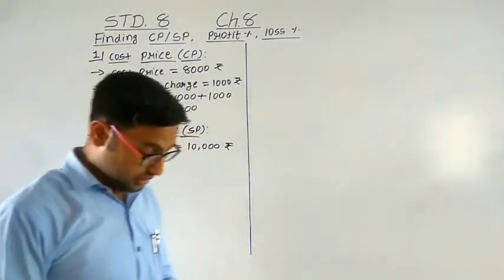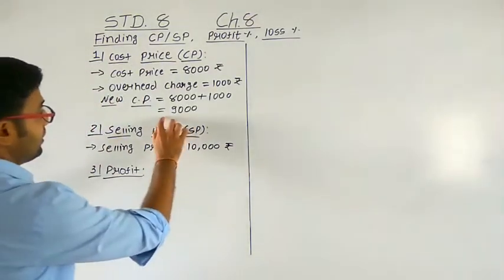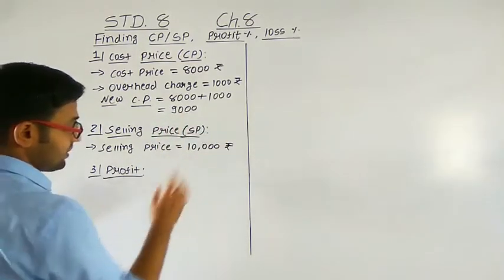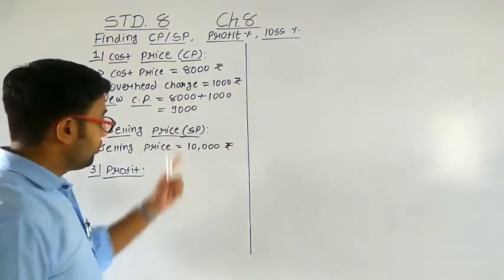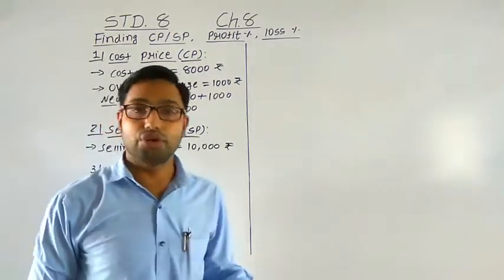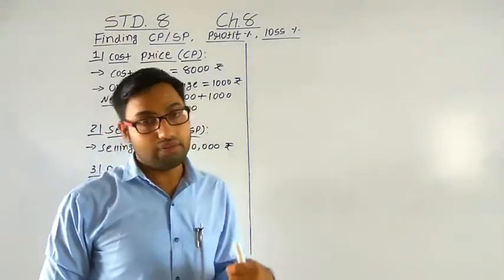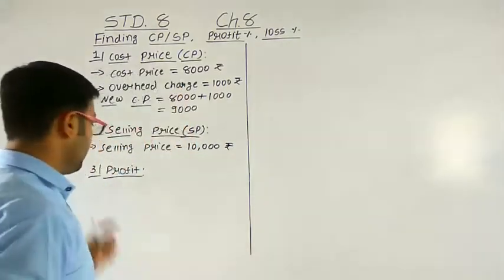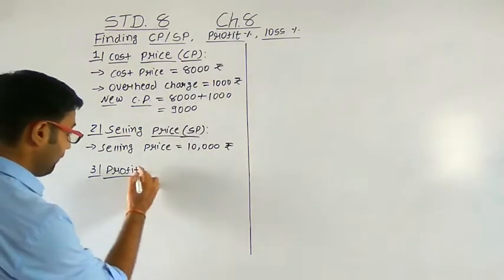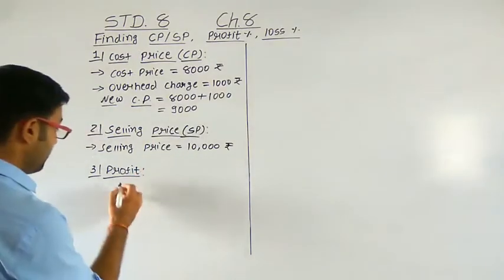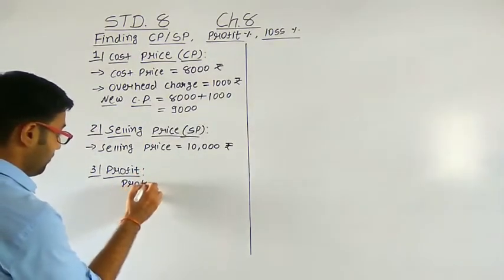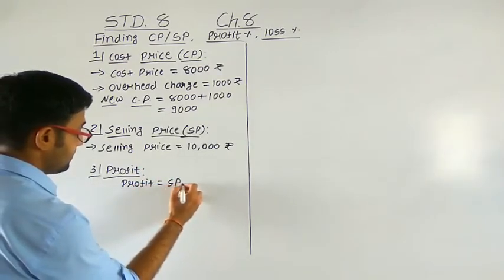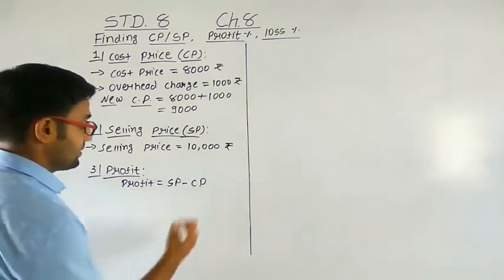Your cost price is 9,000 and selling price is 10,000. That means you are gaining 1,000 rupees. You are earning 1,000 rupees, and that gain of money is called the profit. So how can we calculate the profit? We can calculate profit as selling price minus cost price.